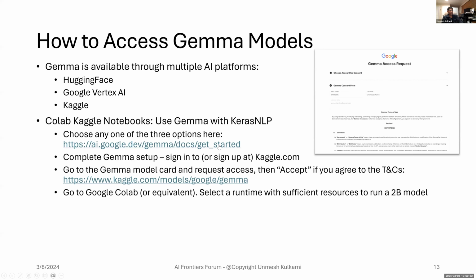And you can click here on ai.google.dev, the Gemma docs get started. It will open up a Colab notebook that will explain how to set up and how to run these models. And if we get time, we can do that. So what are the steps to do that?